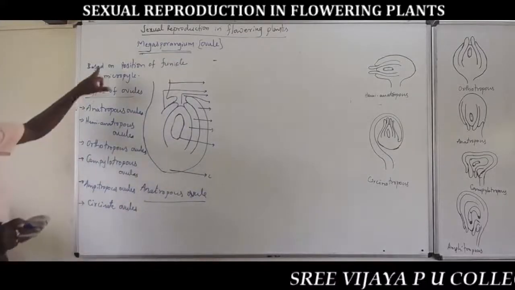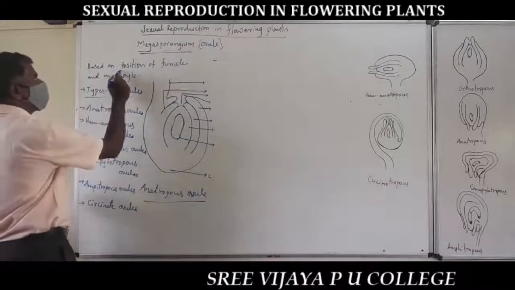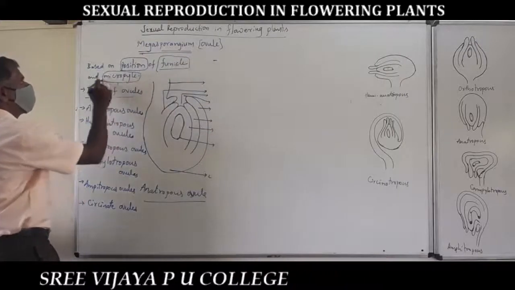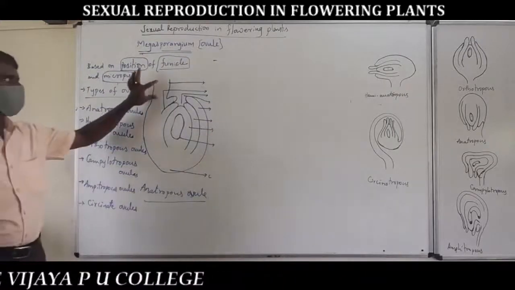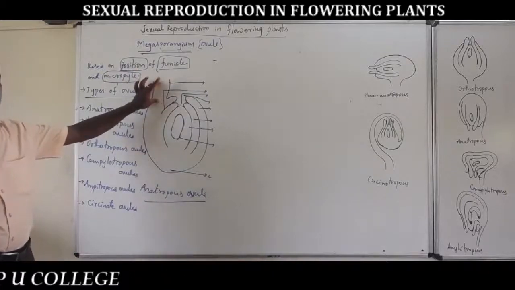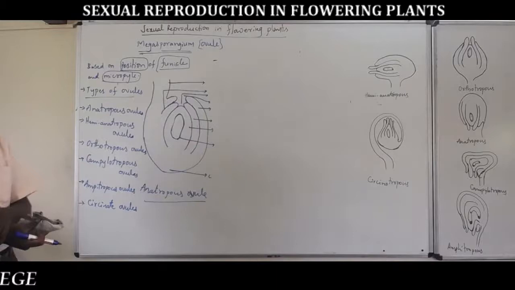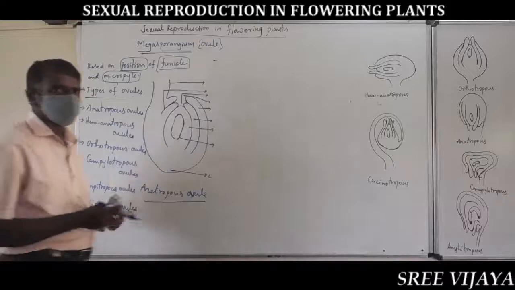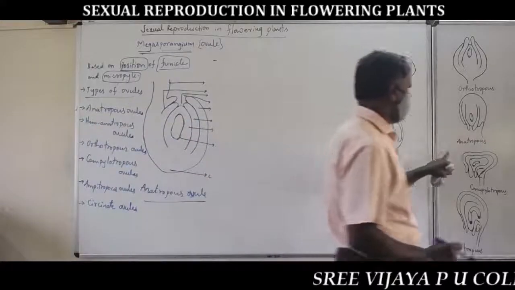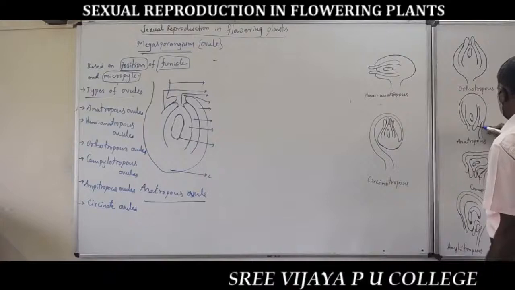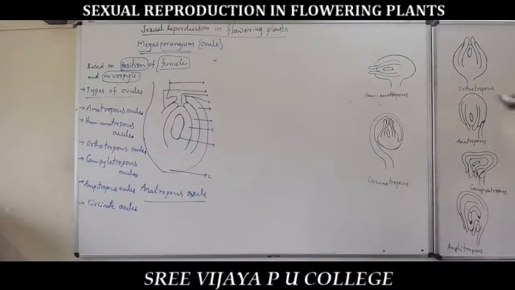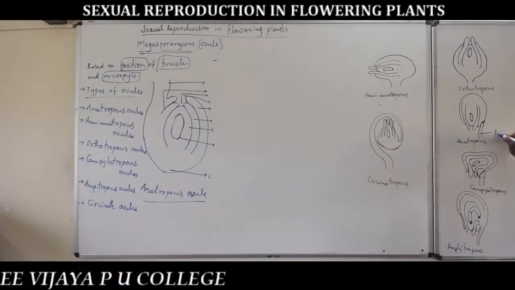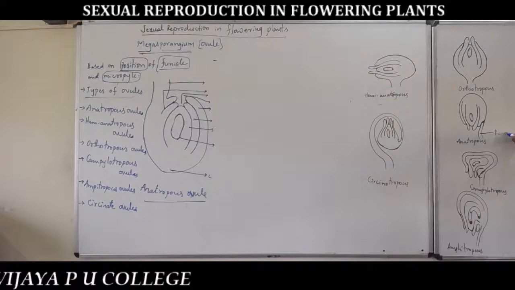See here, based on the position of the funicle and micropyle, there are different types of ovules. The first one is the anatropous ovule. As you see here, it is the funicle, it is the micropyle.